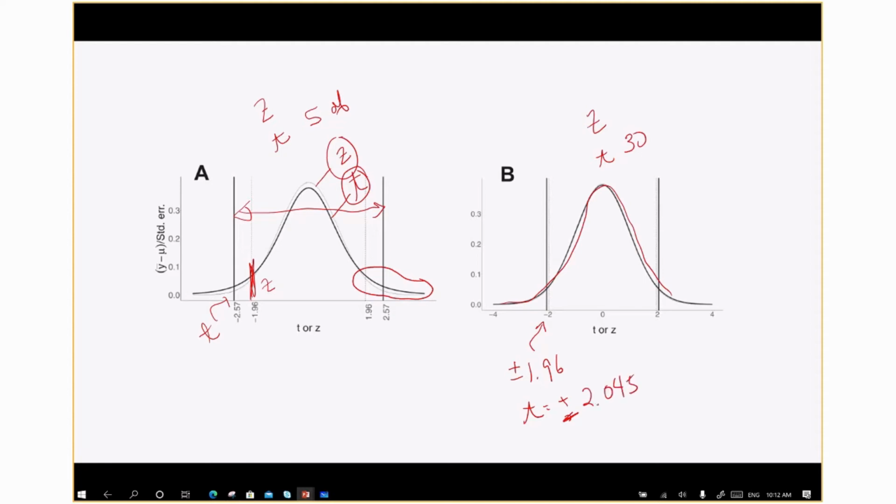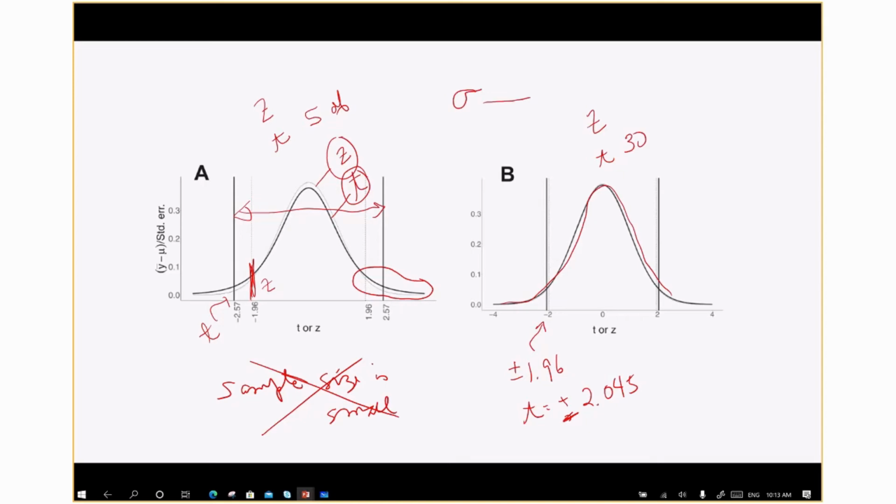Now, something worth noting is that for those of you who've had statistics courses before, you were probably confronted with the idea of, okay, why do you use a t-distribution? And sometimes you might hear use a t-distribution because the sample size is small. Well, strictly speaking, that's not correct. Why do you use a t-distribution? You use a t-distribution because you admit that you don't know what sigma is.